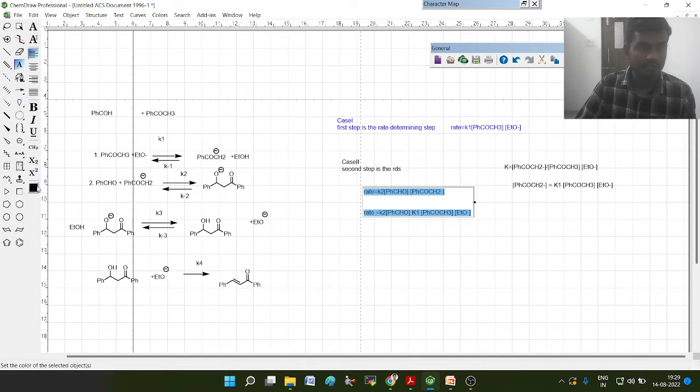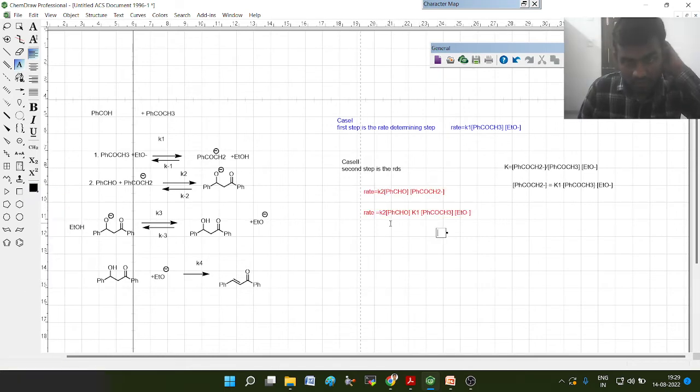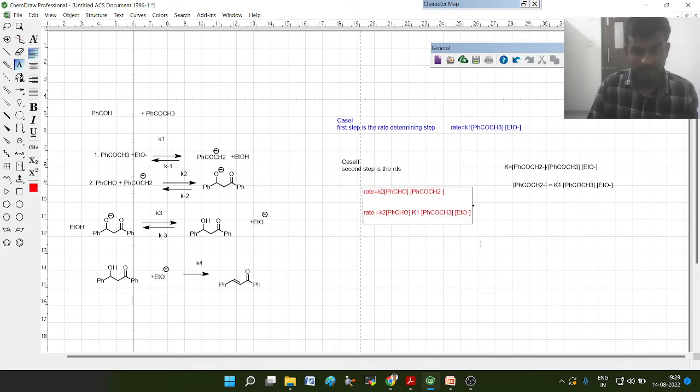Let me change the color so it will be good. Let me rewrite it. Rate equals k2 into K1, which will be another constant, let's say k prime, into the concentration of the three things.